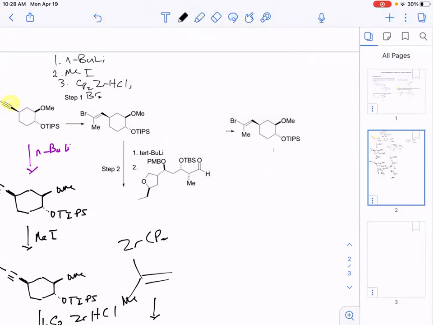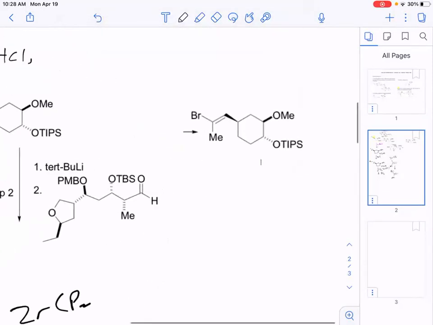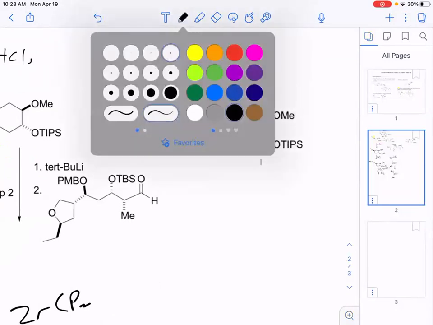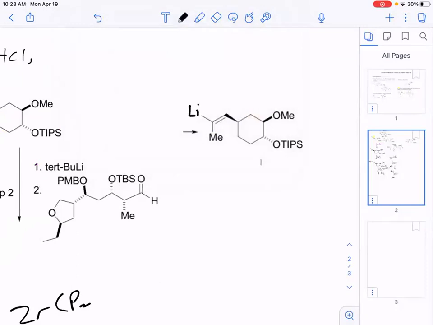Let me see if I can work some magic. That lithium is actually going to be here. You're going to convert that into a powerful intermediate, and it's going to act as a nucleophile. That vinyl lithium is going to be a nucleophile to react with this. So we're going to take those two and put them together.